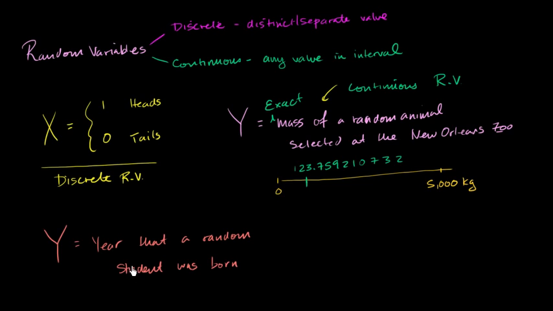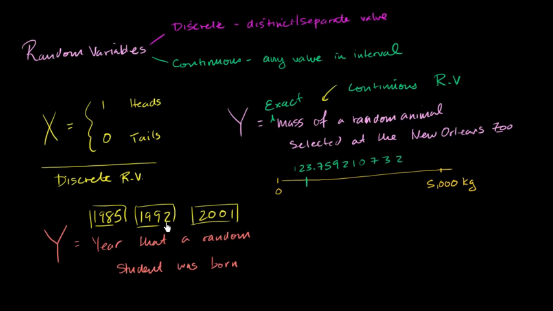Well, that year, you literally can define it as a specific discrete year. It could be 1992, or it could be 1985, or it could be 2000 and 2001. There are discrete values that this random variable can actually take on.